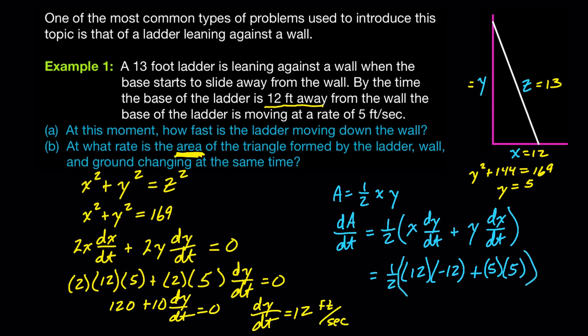And this is 1/2 times all of this. And so this is going to give us a half of negative 144 plus 25, which is negative 119 over 2. And this is change in area, which is square feet per second.